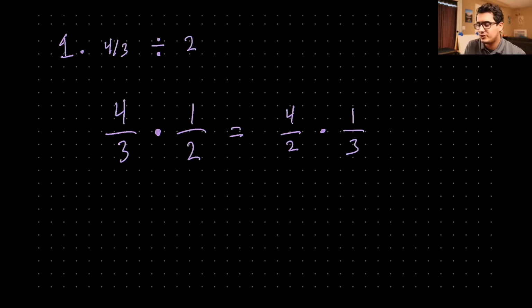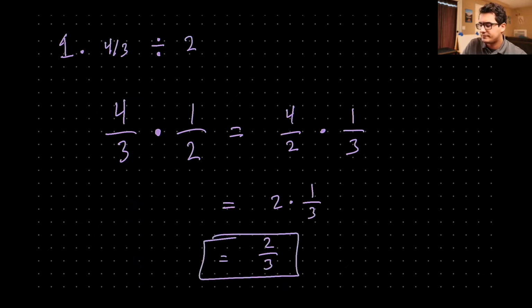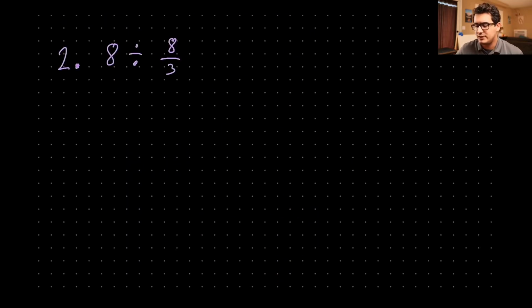So the 4 and the 2 divide out, and that leaves me with 2 times 1/3 or 2/3. So the idea here is just, regardless of how many you have or how complicated it is, if you're dividing 2 fractions or even more, you do it one at a time, you flip and you multiply, and then you go ahead and you use all the other tips. So let's go ahead and move on to the next example.